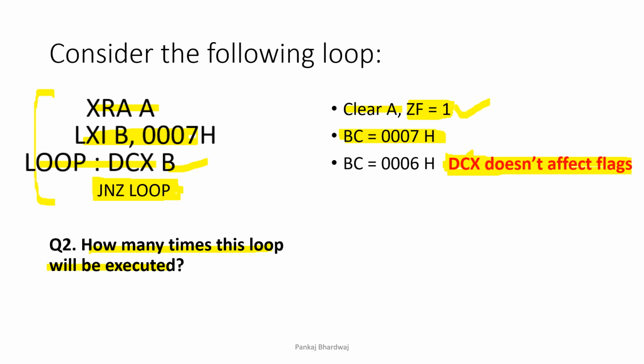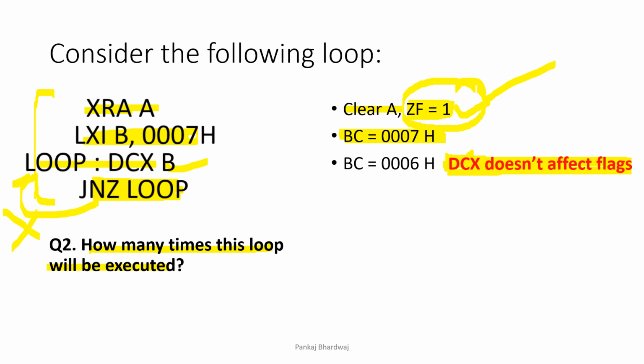So the only instruction that changes the flag is obviously the first instruction, that is XRA. In the beginning, after XRA, the zero flag is set, so Z equals 1. There is no Z equal to 0. That means this does not go back to the loop.